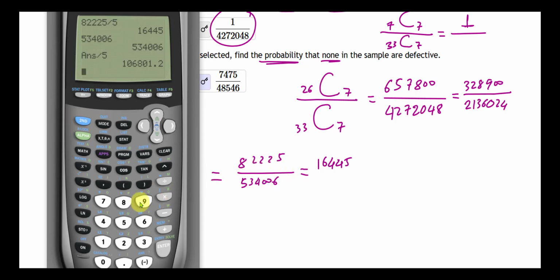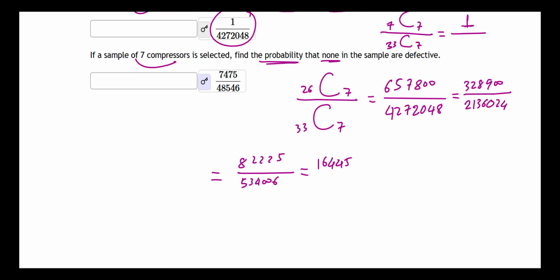So we're going to try again with 82225. Maybe divide by 6? No. 7? No, it's not even. How about 8? No, because of the 5 at the end. How about 9? And then we just keep going. 10, of course, is not going to work. Then you can try 11. 11 works: 7475. So we should divide by 11.